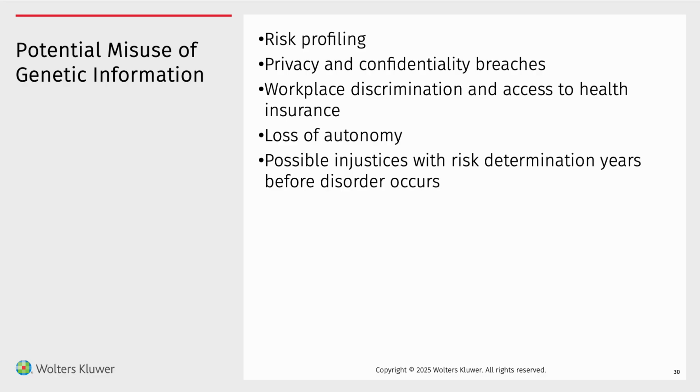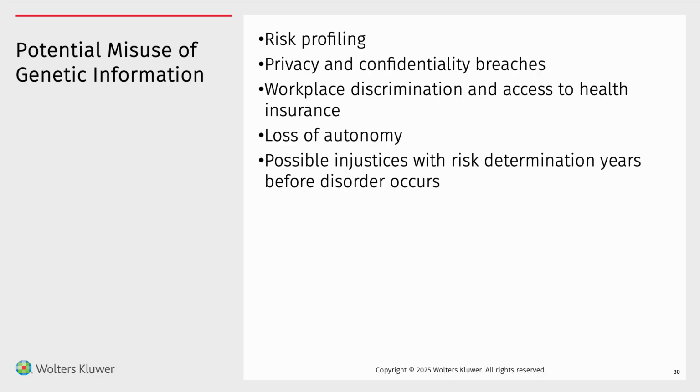So the purpose of this slide is to address ethical, legal, and social concerns surrounding the use of genetic information, which is a critical topic for nurses and nursing students working with this very specialized data. So, key point, risk of profiling.